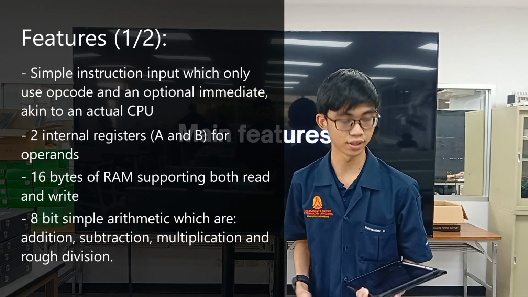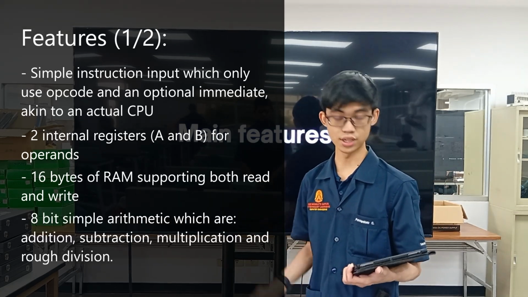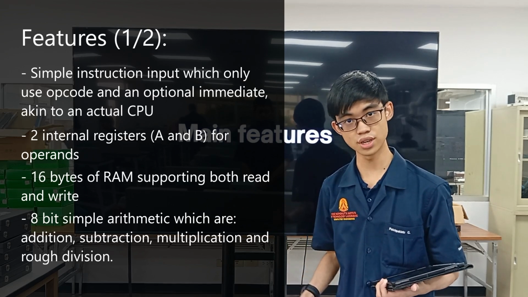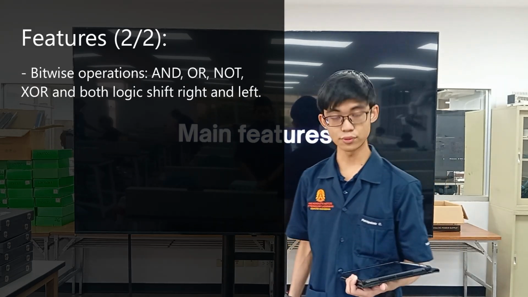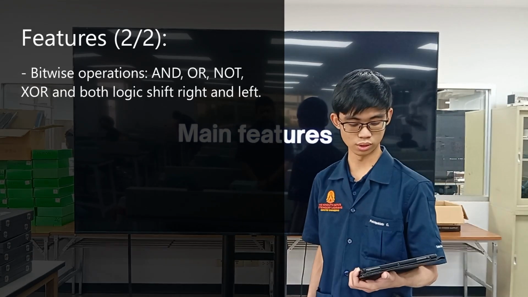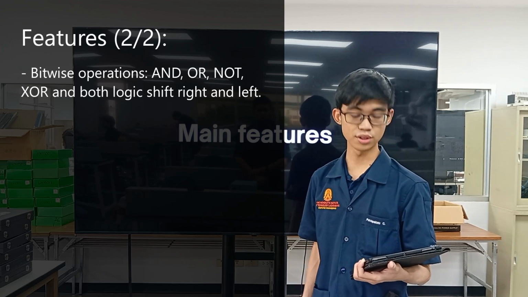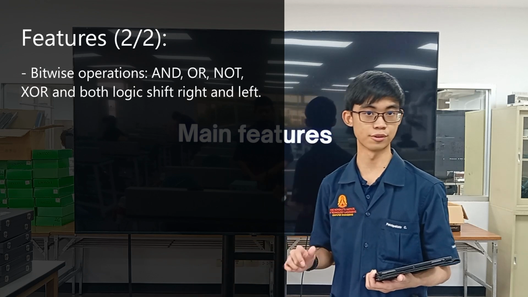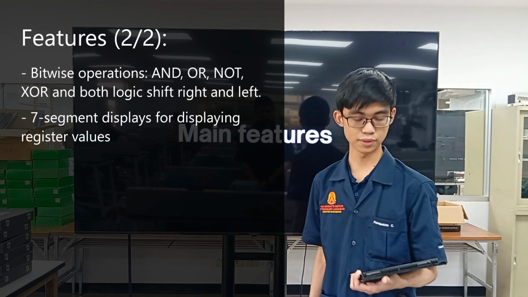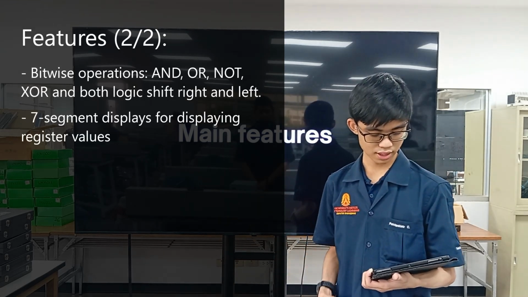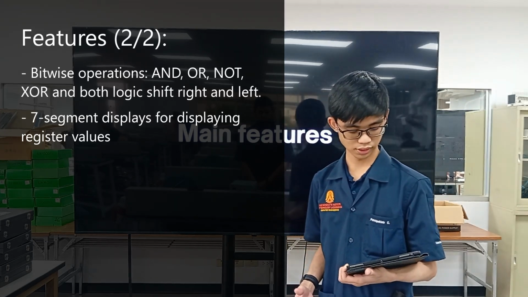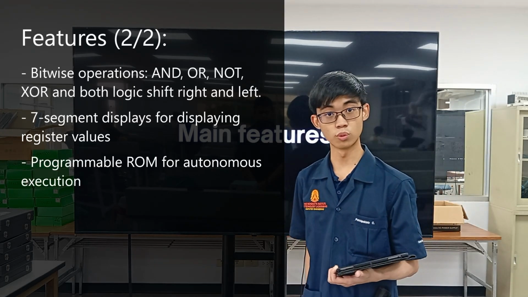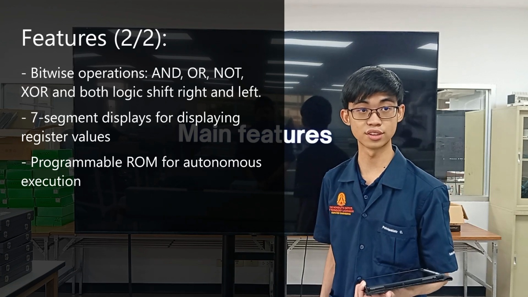It has 8-bit simple arithmetic: addition, subtraction, multiplication, and rough division; bitwise operations: and, or, not, exclusive or; and logic shift in both the right direction and the left direction. It also has 7 segments for displaying outputs and register values, and a programmable ROM for autonomous execution.